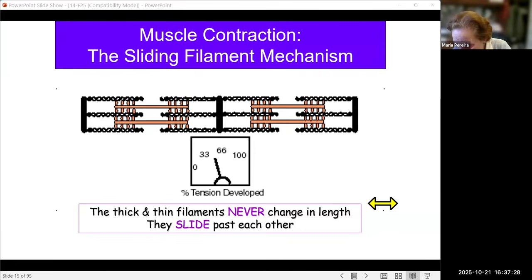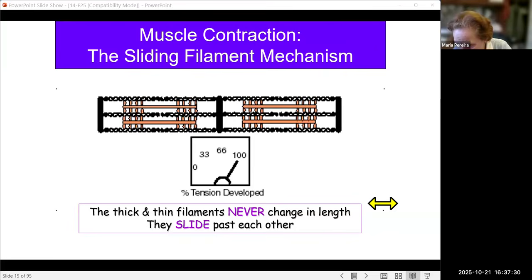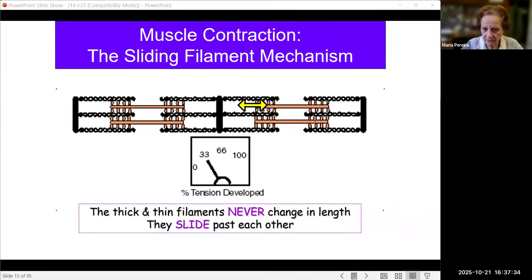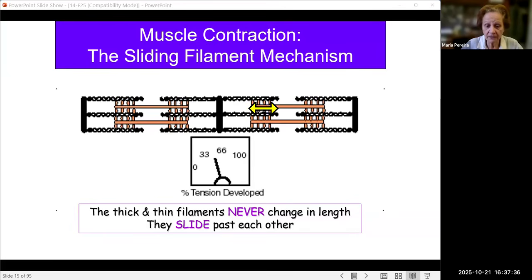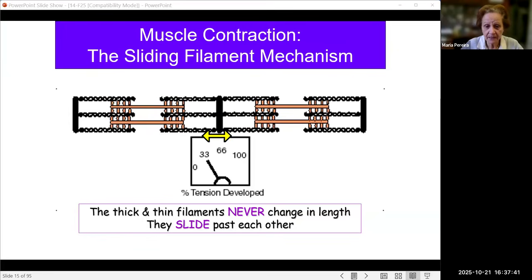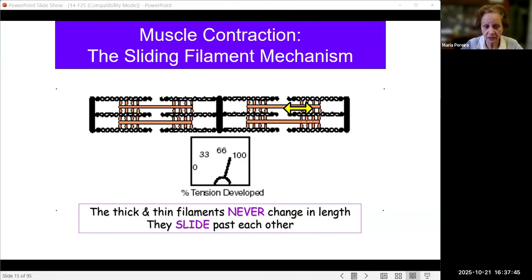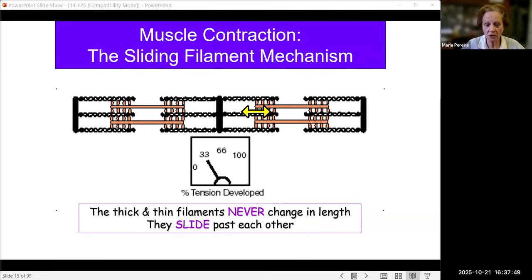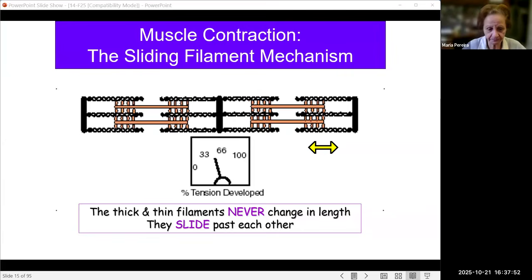So do both the thick and thin filaments move? Well, it's mostly the thick filament, right? You see that the thin filament is stationary, attached to the Z line. So it's mostly the thick filament that moves along the thin filament.